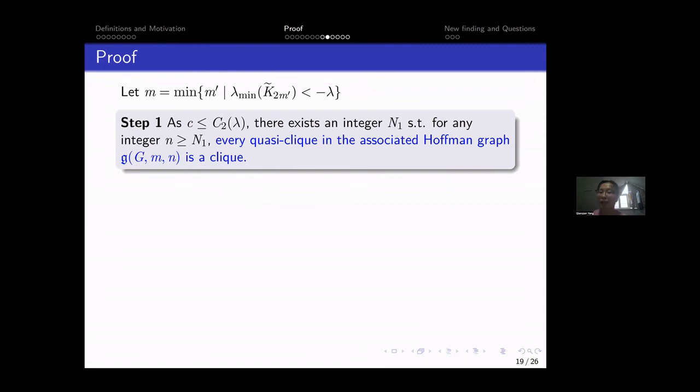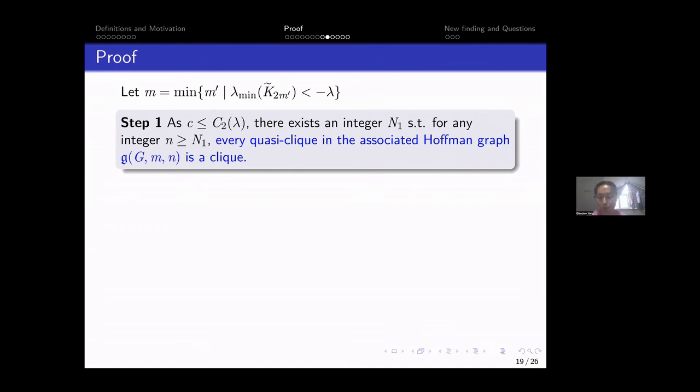So if we choose the order of this clique very, very large, then any 2 quizy cliques must have at least a-2m-1 common neighbors. They have many common neighbors. But we have an upper bound for C. It says that every quizy clique must be a clique.